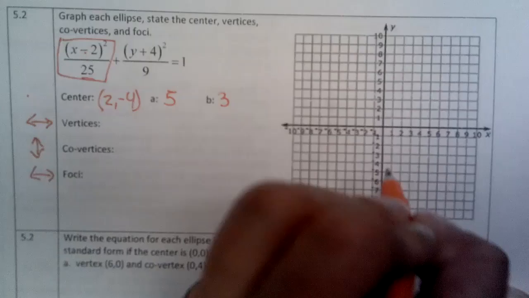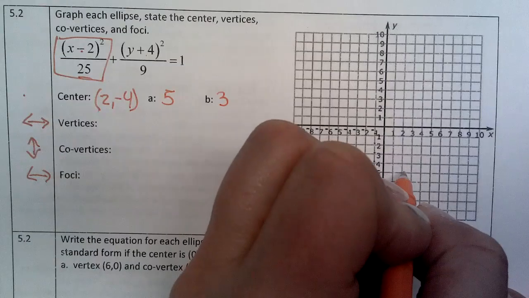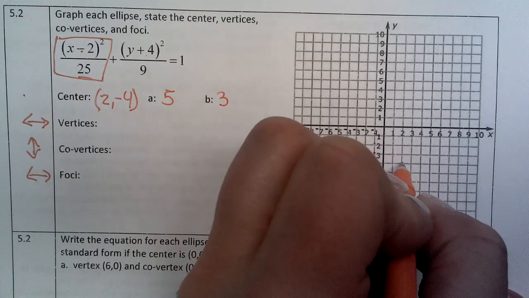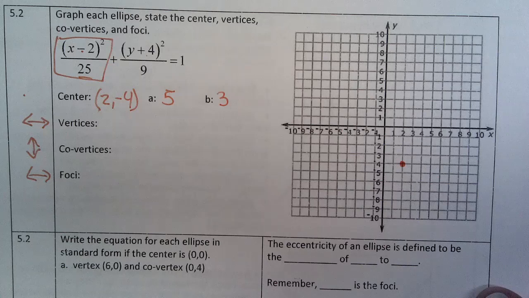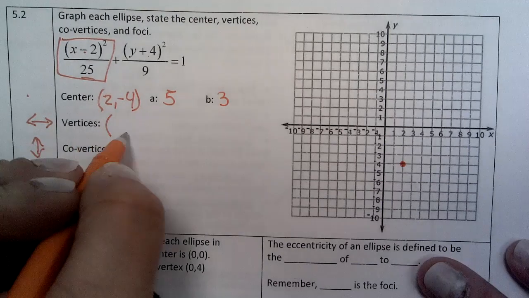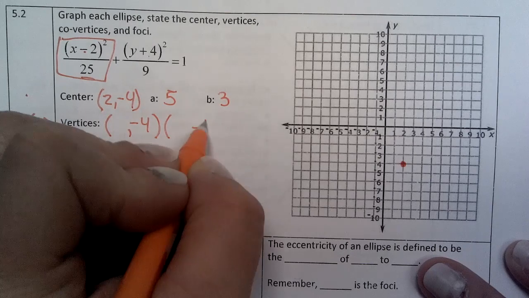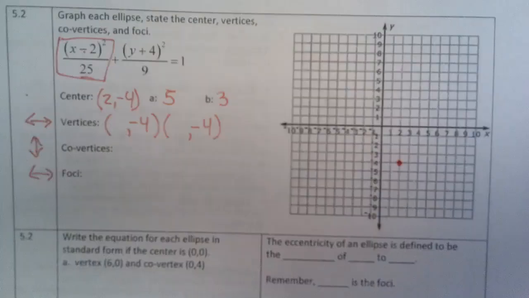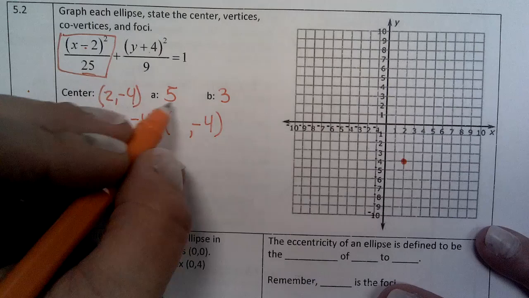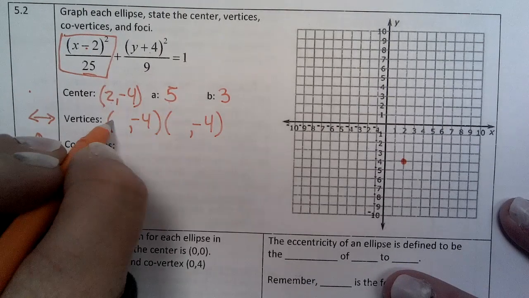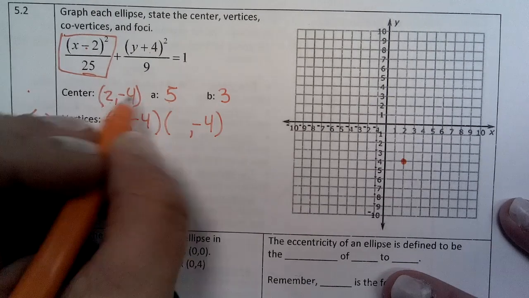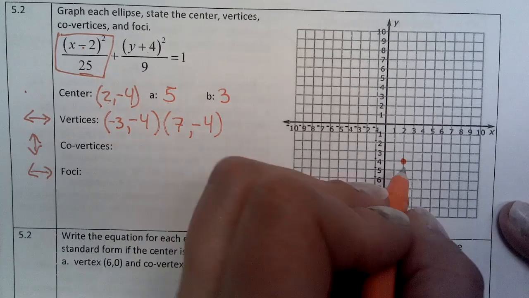All right, so I'm going to go ahead and graph this. So 2, -4. So I'm going to change my X component for my vertices. My Y component is going to stay the same. I'm going to go 2 take away 5, which is -3, and 2 plus 5, which is 7.